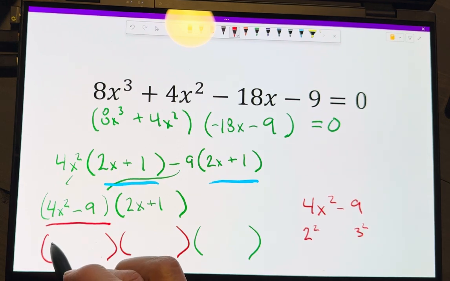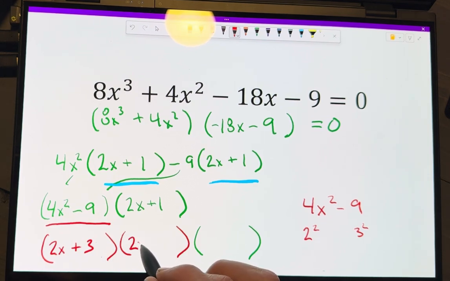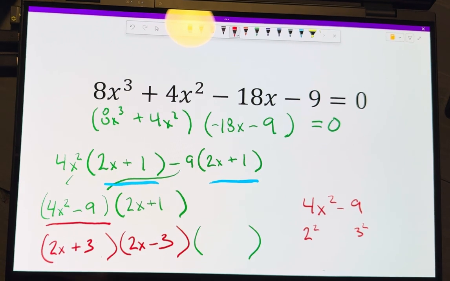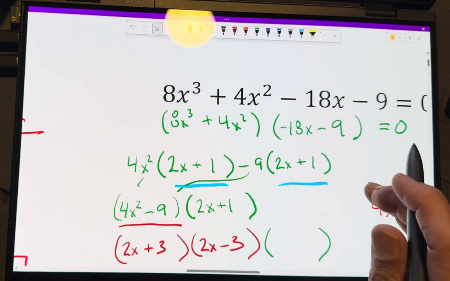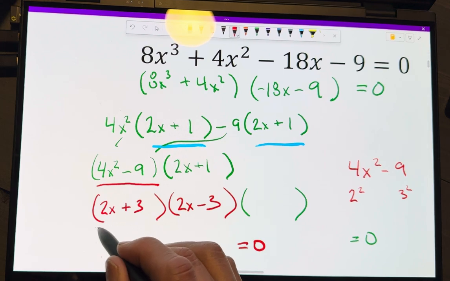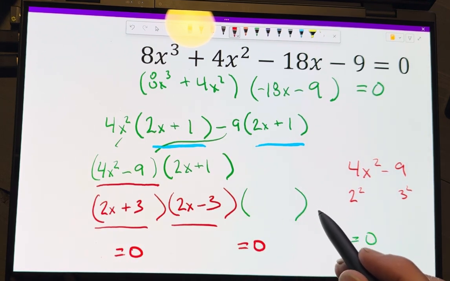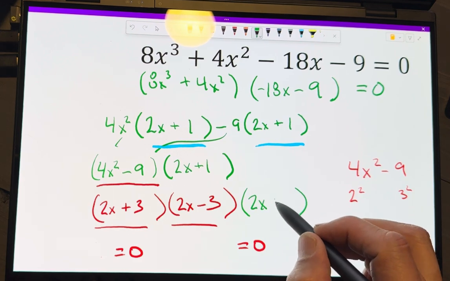So that would give us 2x plus 3 and 2x minus 3. And I still have my quantity, all that times 2x plus 1.